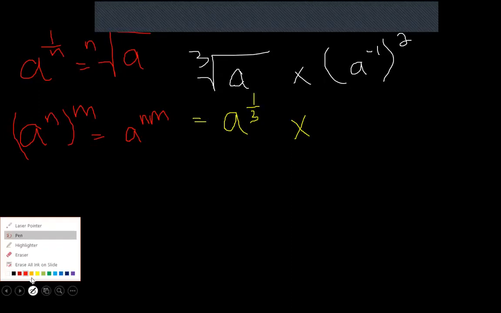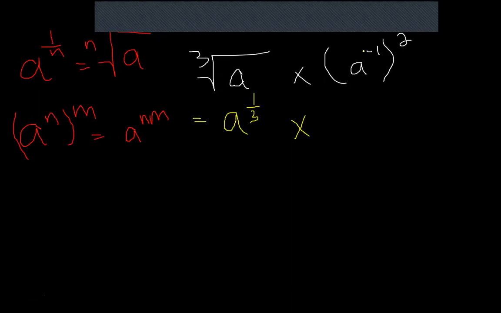So a to the power of -1, and then this whole thing squared, is the same as a to the power of -2. Why? Because -1 multiplied by 2 gives me -2.